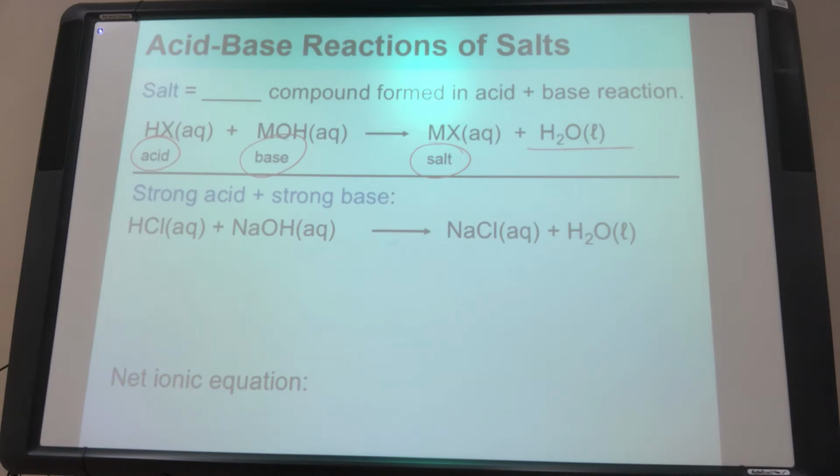So let's refresh ourselves on what a salt is. A salt is just an ionic compound formed in an acid-base reaction. So this is our first reaction that we're talking about in this chapter. I can take an acid, I can take a base, I can react them to each other, and they're going to make salt and water.